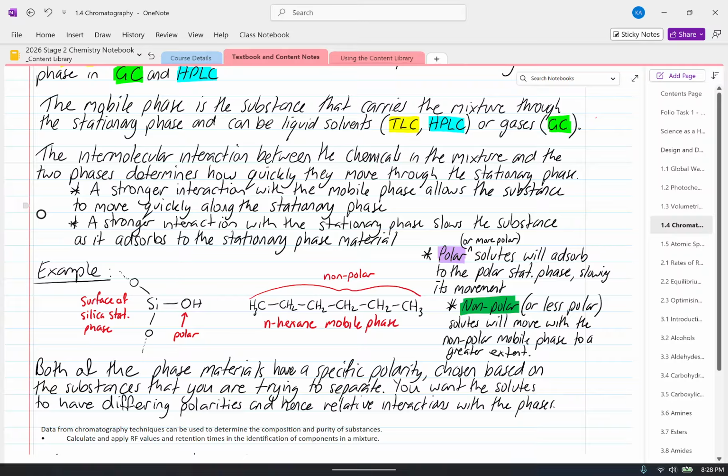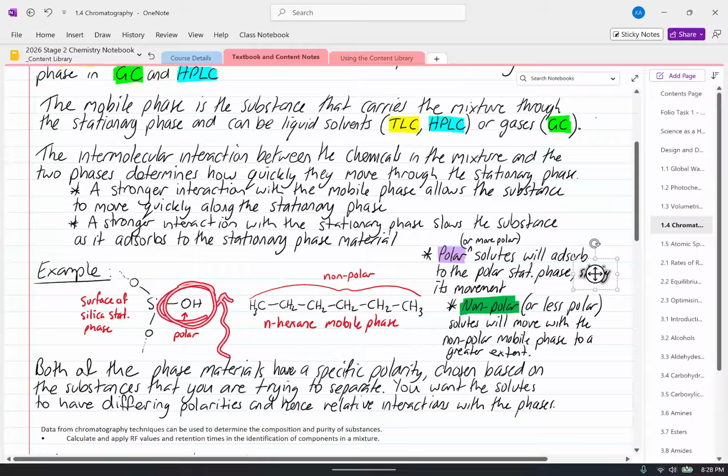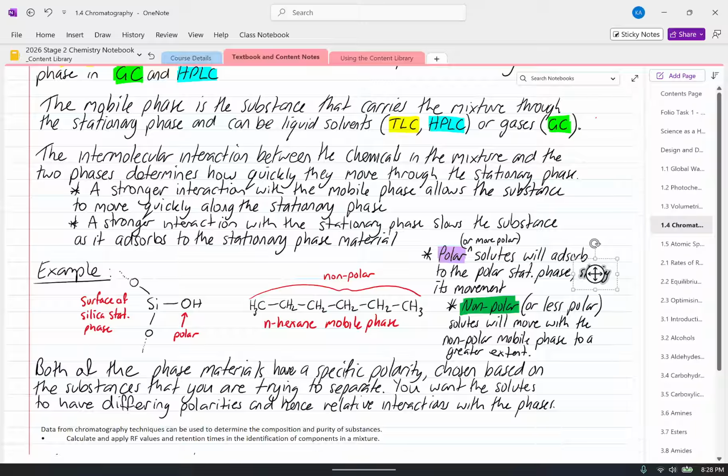So if you're moving a substance through and it attaches quite well to the polar stationary phase of this particular example, then it is going to take longer to pass through, compared to another component which perhaps is less polar, will interact less strongly with the surface, and will instead flow with the non-polar mobile phase.